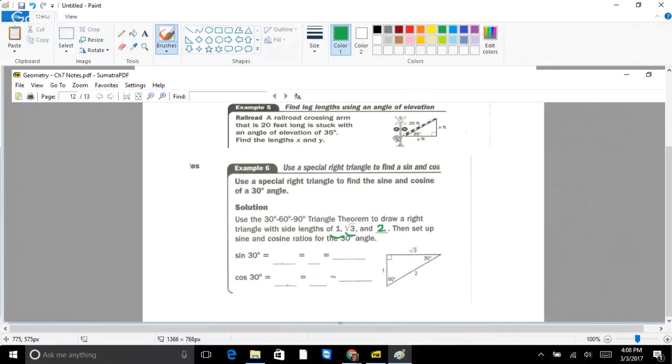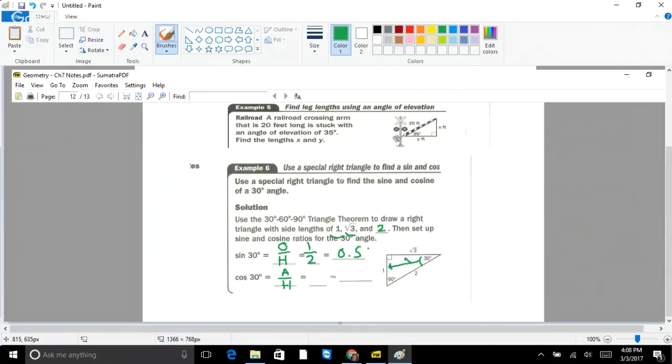Okay, so if we want to find the sine of angle 30, the sine, if you remember, is opposite over hypotenuse, which in this case, the opposite is 1 divided by 2, or 0.5. So the sine of angle 30 is always 0.5. The cosine, that's the c, right, is the adjacent over the hypotenuse.